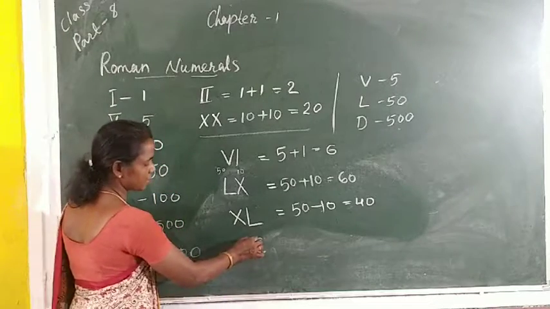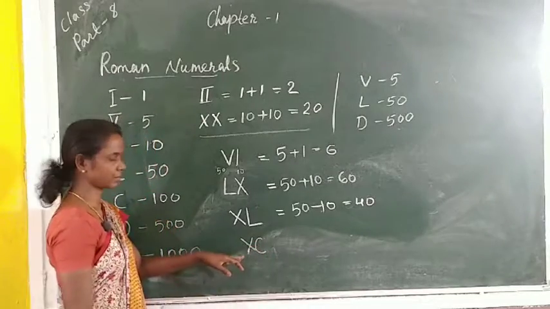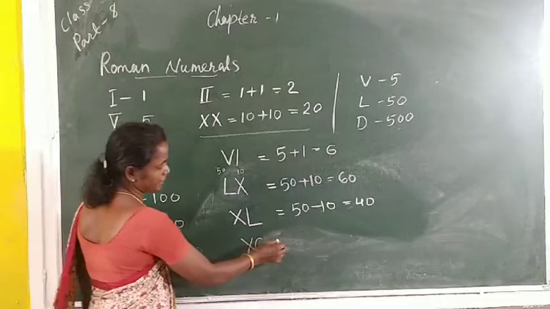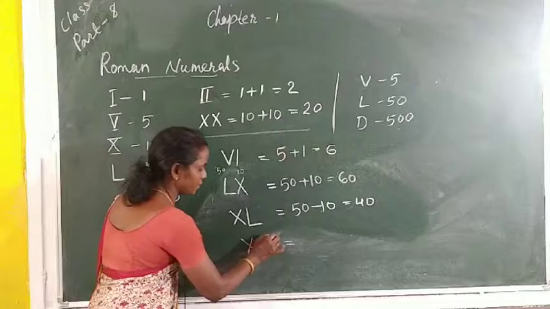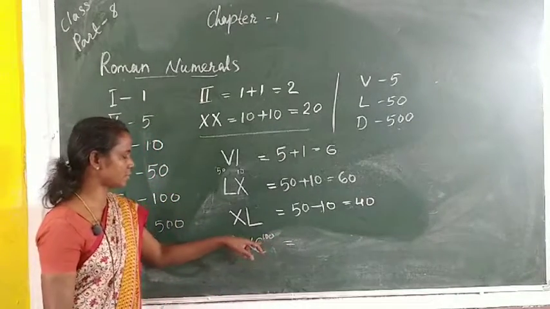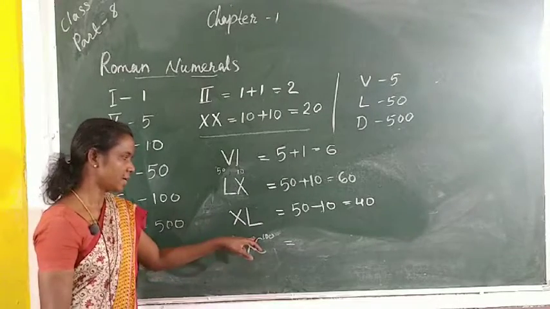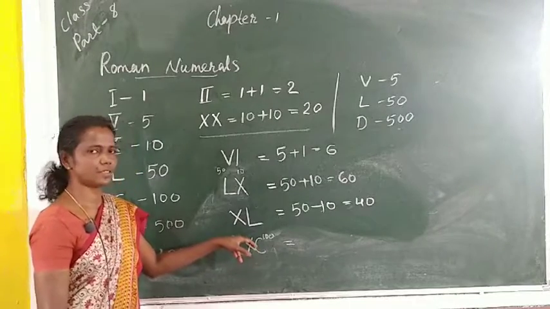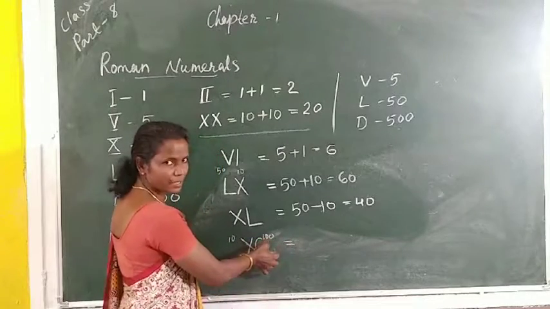Then another example. I write 100, and on its left side I write 10. Comparing these two numbers, 10 is smaller, so the smaller number is subtracted from the greater number.